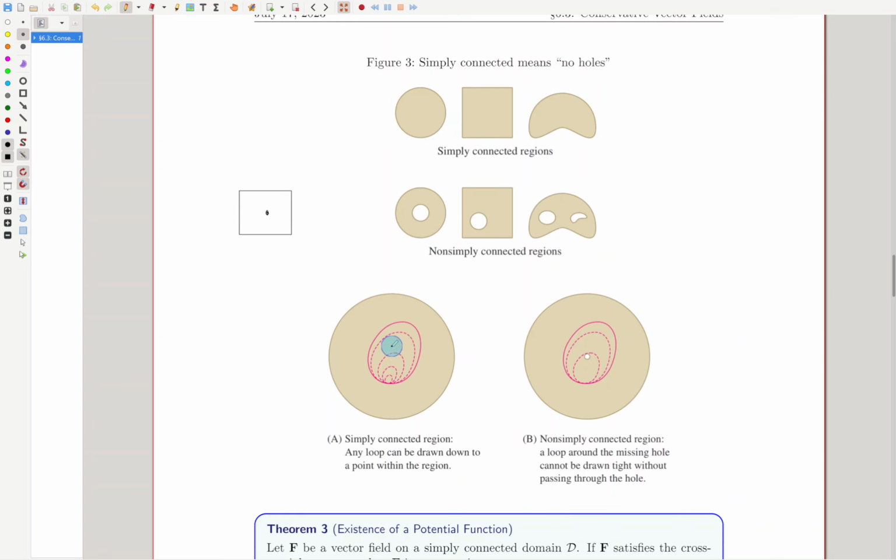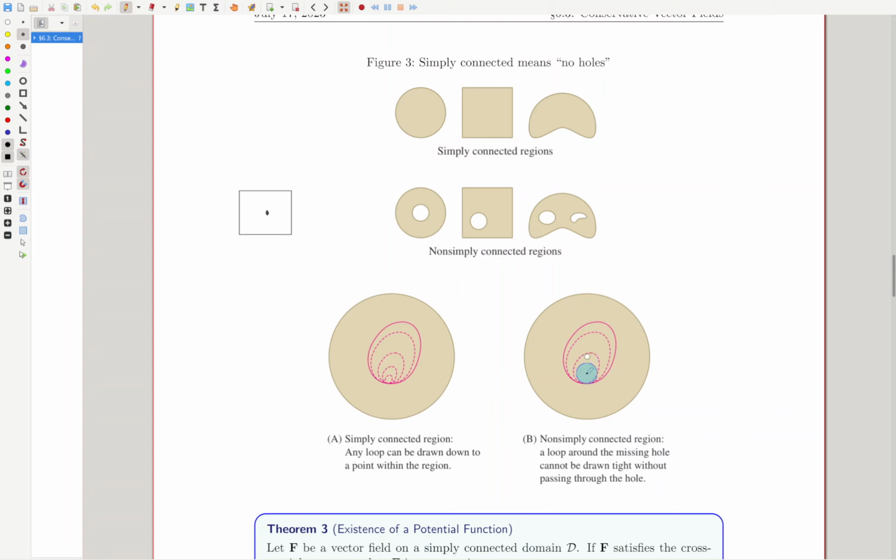Okay, and this is what we mean by loop contraction. You start with a loop, and the dotted loops are where you start contracting it down and down to a single point. In a simply connected domain, it is possible to contract a loop to a single point. Specifically, any loop, not just a loop. I could draw a loop that doesn't circle this hole, and those would be contractible. But loops that surround this hole could not be contracted through that point.